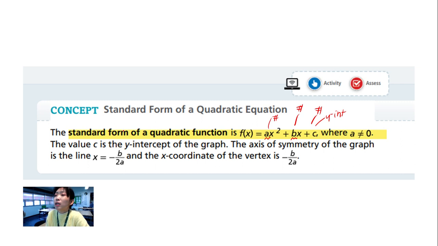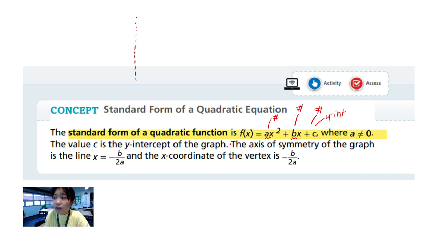It doesn't mean there's no coefficient, unless you don't see a term, in which case your coefficient is 0. So if you don't have the second term, that means your coefficient b is 0, and 0 over any number is just 0. So your axis of symmetry is just going to be x equals 0, and then your y-axis would be the axis of symmetry.